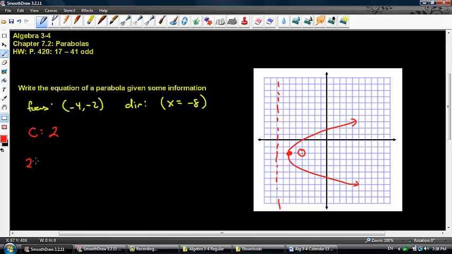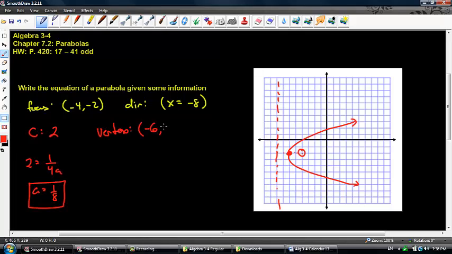So let's figure out what a is. 2 equals 1 over 4a, so a equals 1 over 8. Did a little bit of math in my head right there. So now I have all the information I need to write out. Actually, I'm sorry, the vertex. This is negative 1, 2, 3, 4, 5, 6.